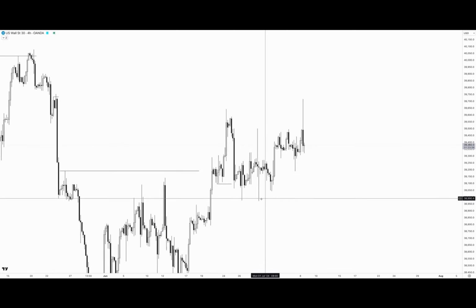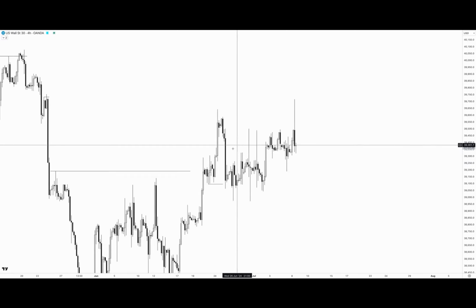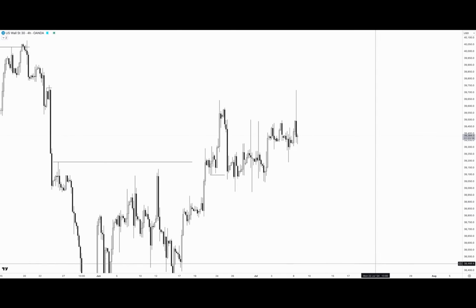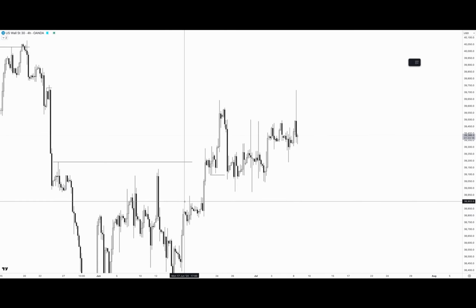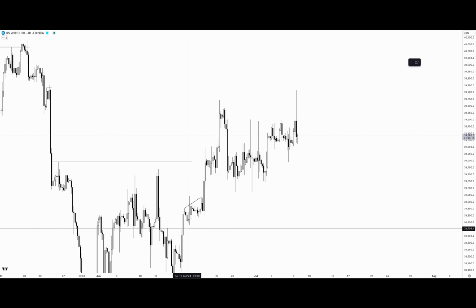After that, I did expect the market to trap sellers, and then kind of expected the market to move lower towards these areas. So let's mark it out. I kind of anticipated the market to do this.